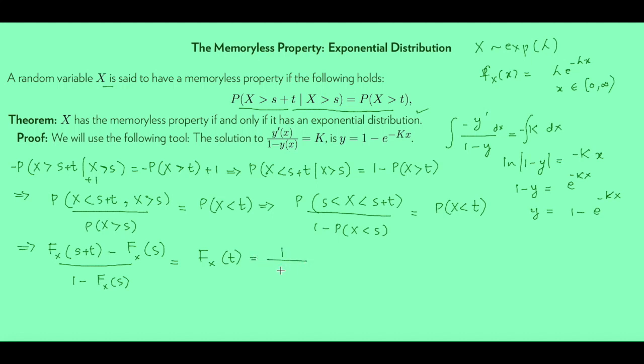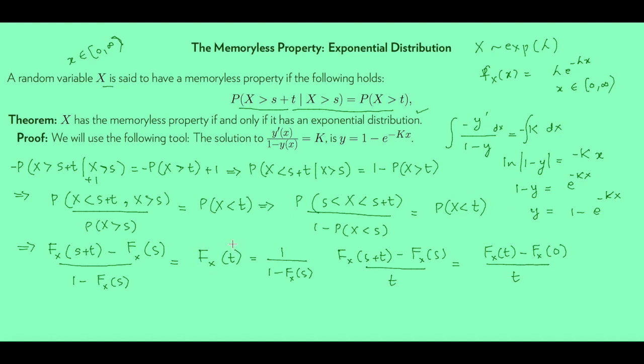Okay, so then I can bring this 1 minus F_X here, and then I can divide by t on both sides. So I can say F_X of s plus t minus F_X of s, divided by t, is equal to F_X of t divided by t. But then I can do one more thing: I can say minus F_X of 0. Our assumption is that our support is always 0 to infinity, so this is 0. If I subtract 0 from anything, I won't change a thing.